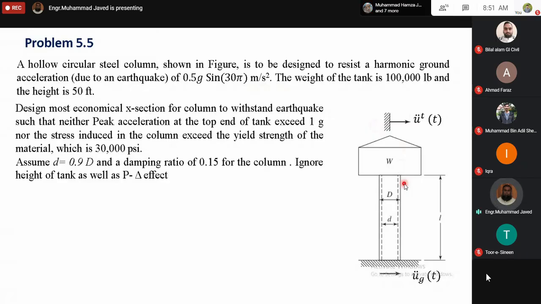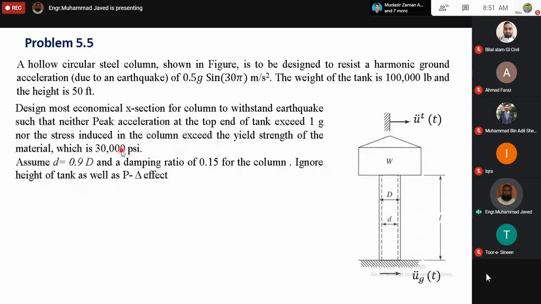Now in the problem it is asked to design the most economical cross section for the column to withstand the earthquake such that neither the peak acceleration at the top end of the tank exceeds 1g, nor the stress induced in the column exceeds the yield strength of the material, which is 30,000 psi.